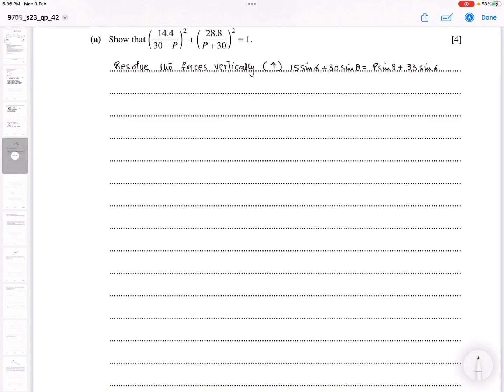So collect the like terms. 30 sine theta minus P sine theta is equal to 33 sine alpha minus 15 sine alpha.